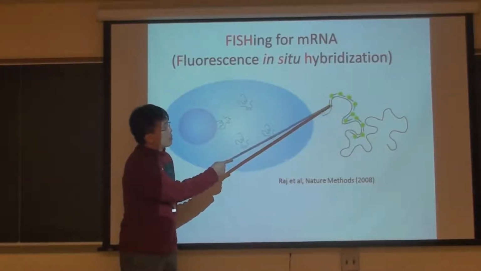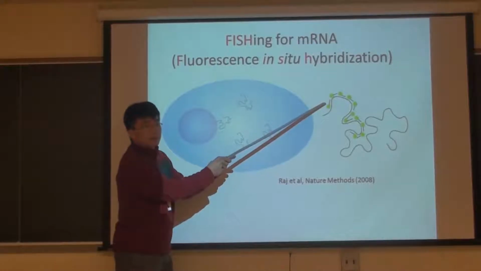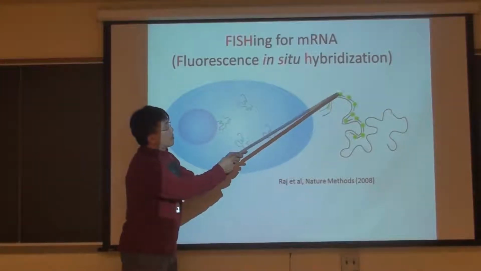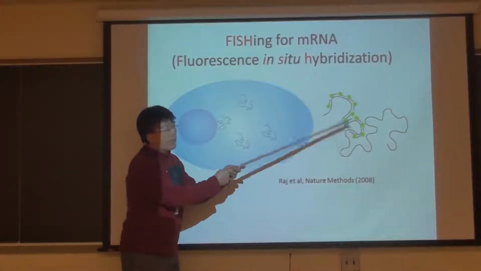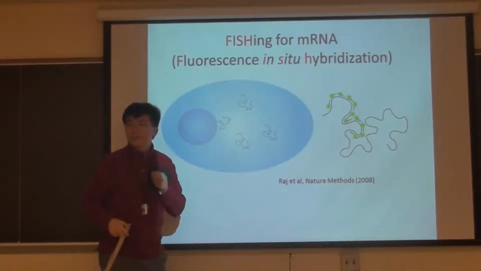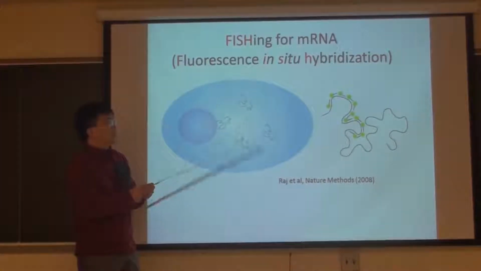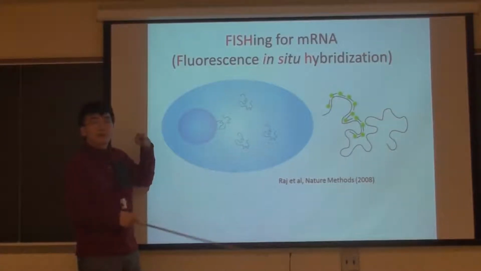Then you can also label it with a fluorescent molecule, so you have one dye per probe. But you can also design another probe that is complementary to a different section of the same RNA, and you can do this like 50 times. What it means is that if you kill the cell, you can make the membrane permeable to the DNA probes.